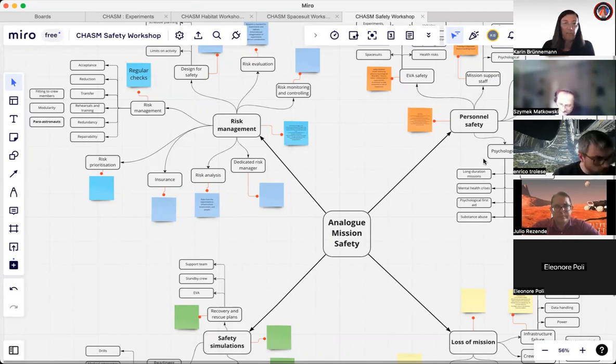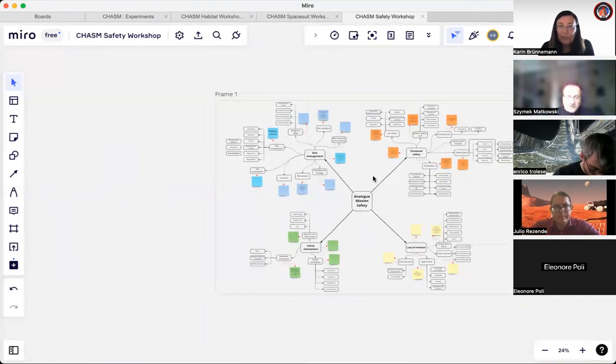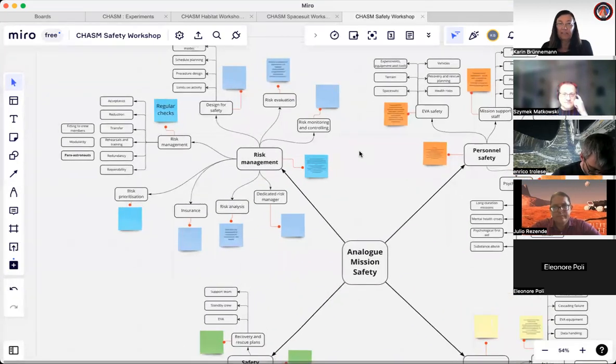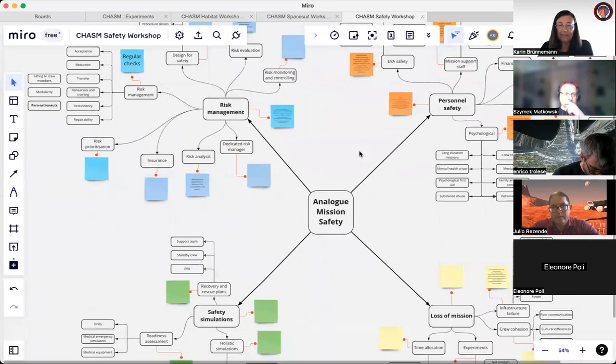Yeah. So let me zoom out once again to get the overview effect. Anything we need to add? Do we want to add anything open?